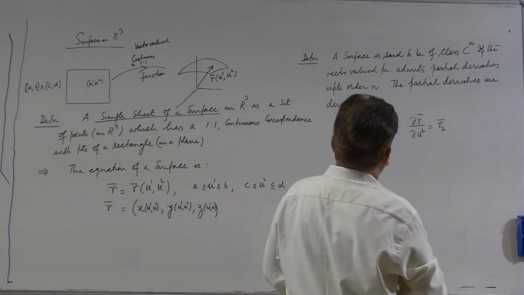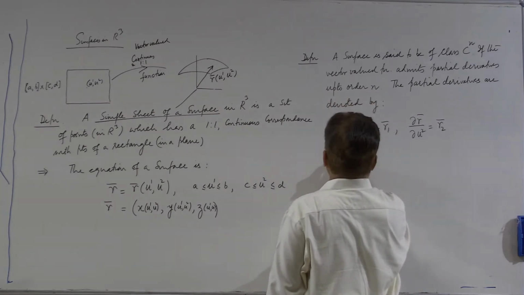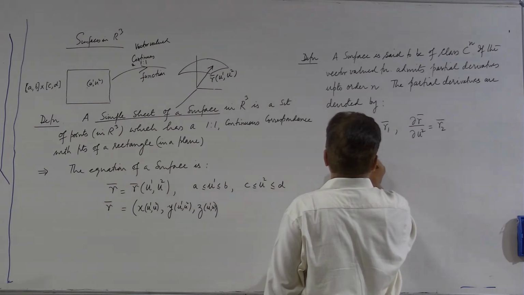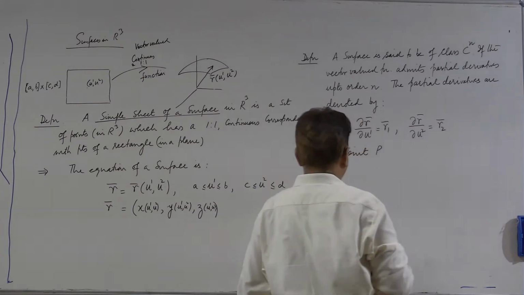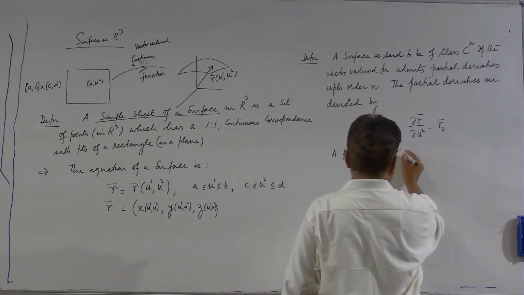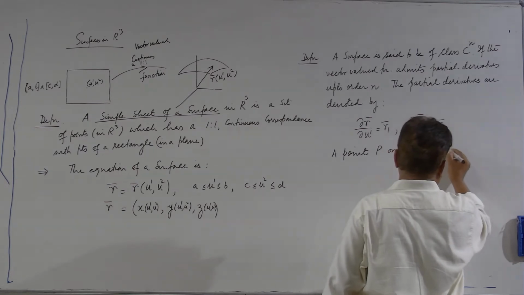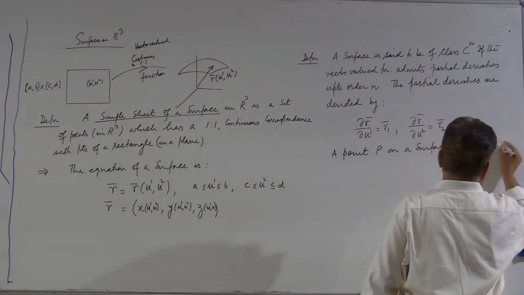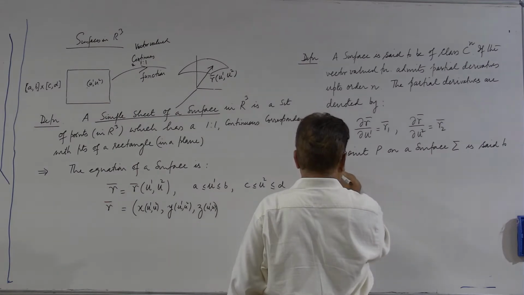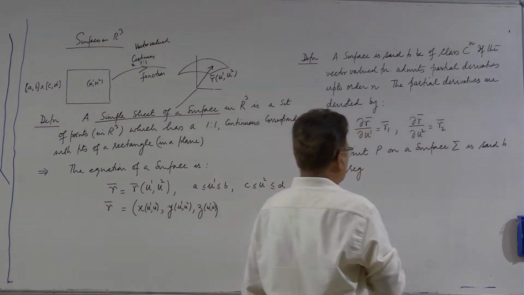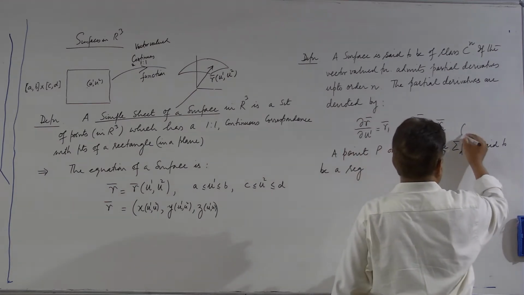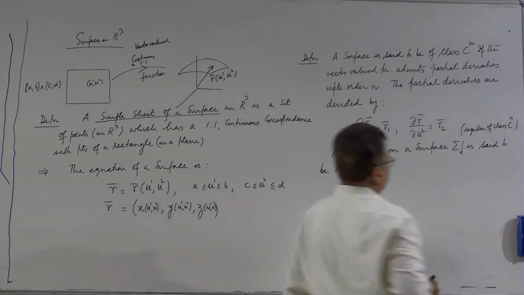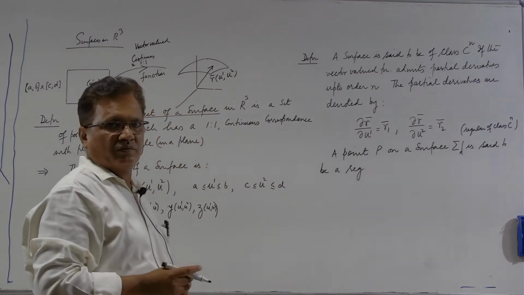A point P on a surface sigma is said to be regular of class C n. Only on a regular surface will you be able to find derivatives.